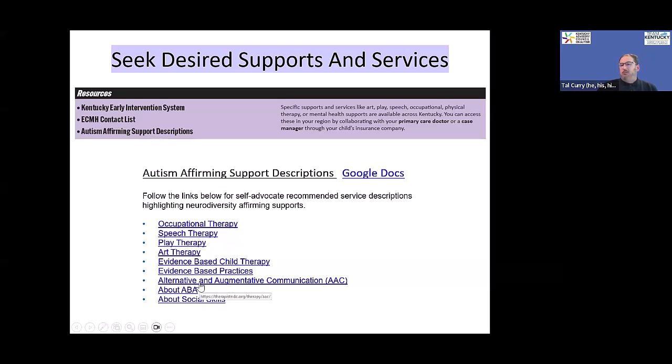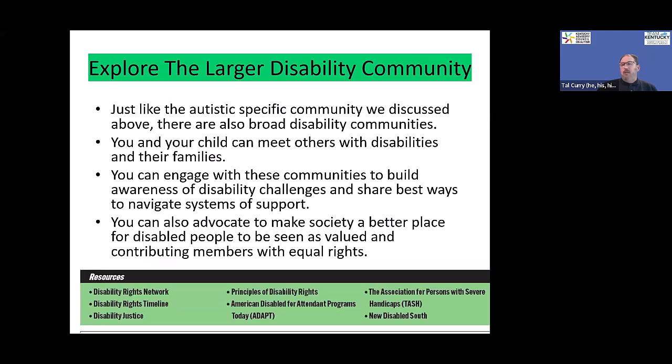Some information about alternative and augmentative communication, evidence-based practices for autism, including different play therapy and other therapies that aren't ABA. You'll see art therapy above, speech therapy, occupational therapy. So those resources are there.